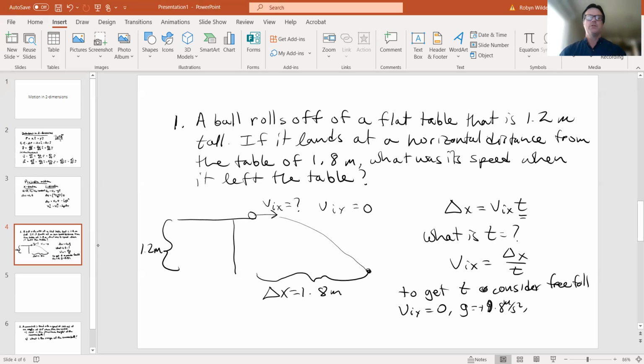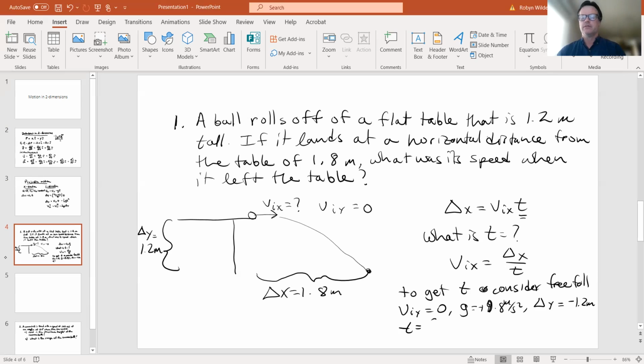And in this particular situation, I also know what delta y is. Delta y is -1.2 meters. Again, it's negative because it's falling downward. The change in y is in the negative, downward direction.